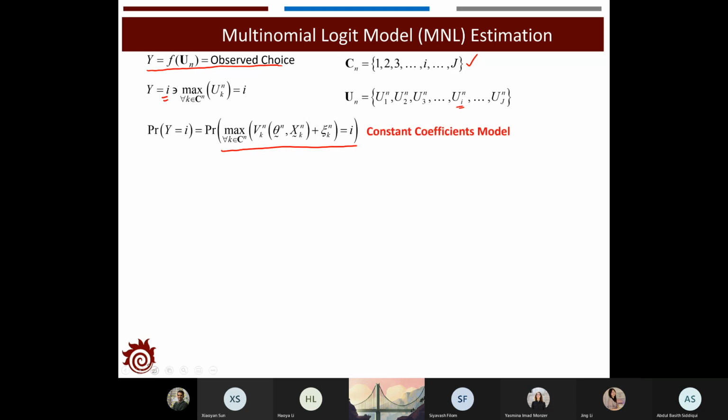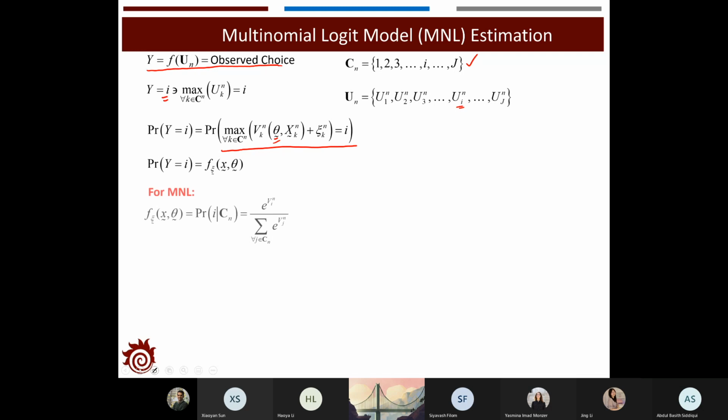And this is about the constant coefficient model. So theta is a constant for all the individuals in the population. That's the true value. But we need to do some estimation for the whole population. With that, we will recall the multinomial logit model we derived.